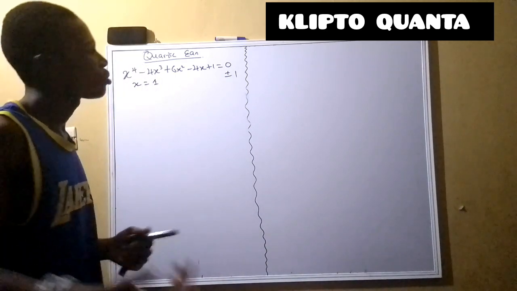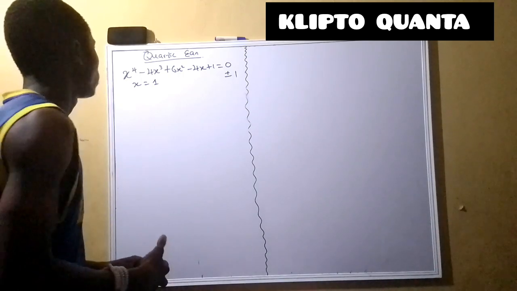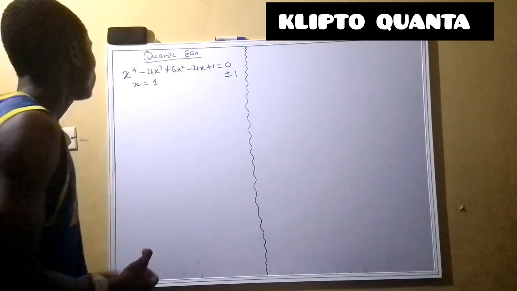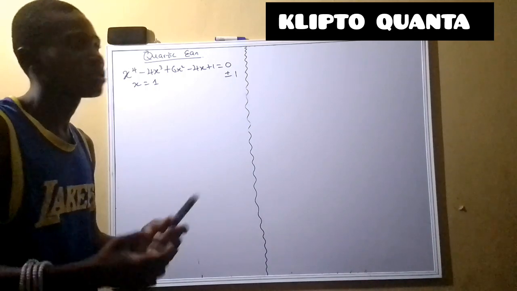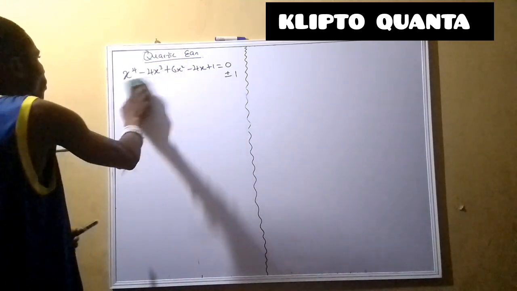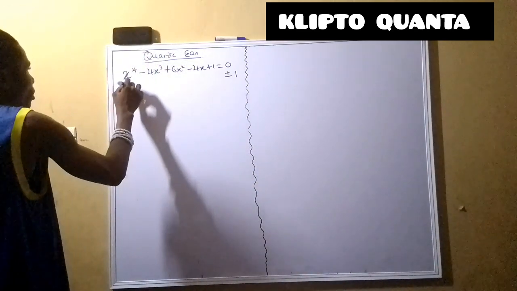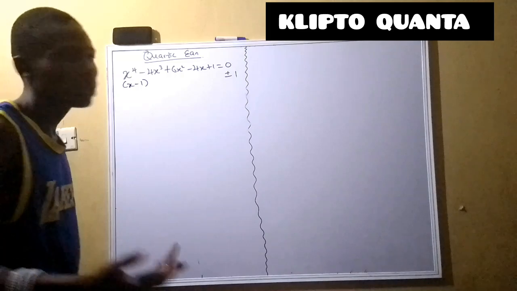Now let's apply the two methods I mentioned, first the synthetic division, or the rationalization. I prefer this method because it's a little bit faster. Let's make x minus 1 a factor.